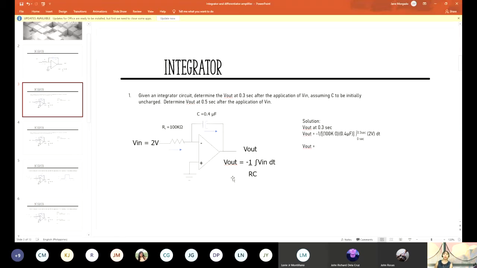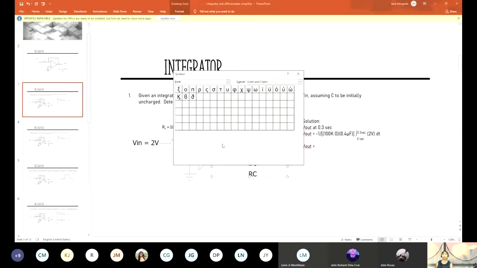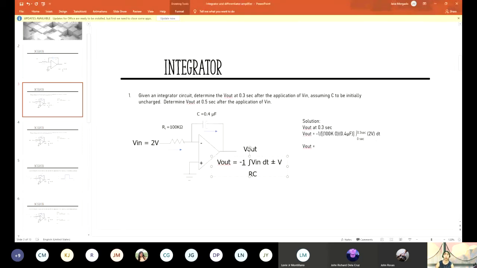Our equation is either plus or minus VC, if the capacitor has an initial voltage. But our assumption is that the capacitor is initially uncharged. Then after determining V out at 0.3, determine V out at 0.5 second. Let's start with A, V out at 0.3 seconds.